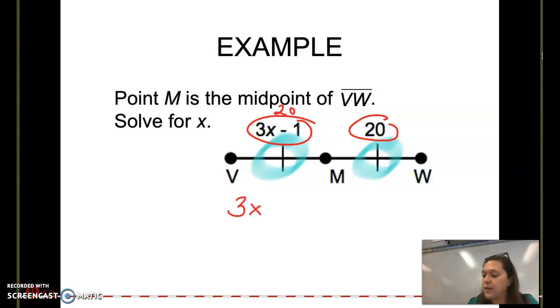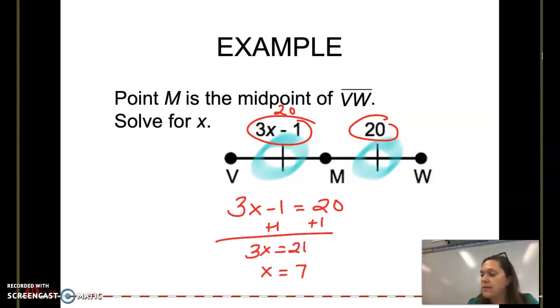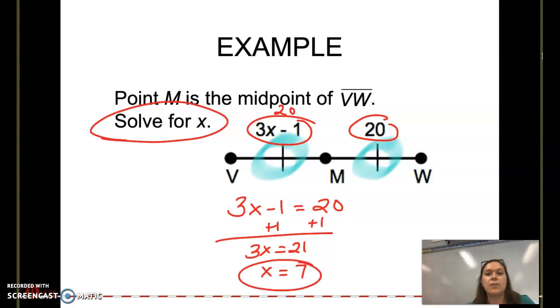Well, we're going to set that algebraic expression equal to 20. Adding 1 to both sides gets us 3x equals 21. Dividing by 3 gets us x is equal to 7. Look up at the question. What's it asking us to solve for? Solving for x, so I know that I am done. So circle it. There's our solution.